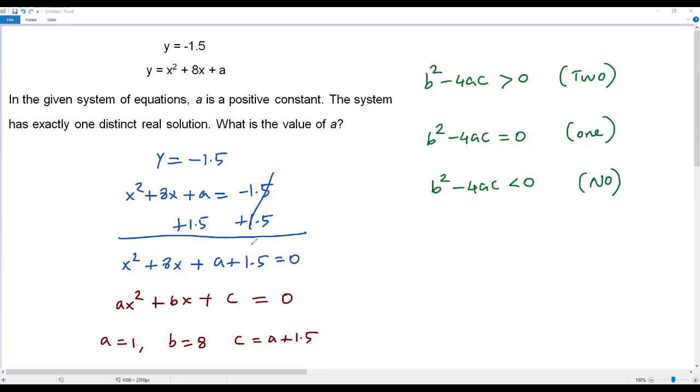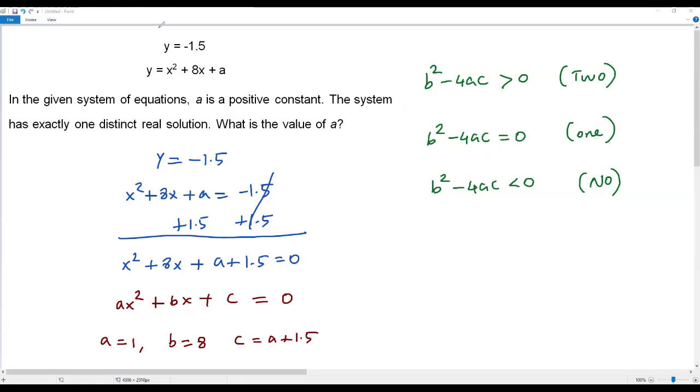According to the information we have, the given system has exactly one solution. Since I got this quadratic equation by solving the given system, the quadratic equation will also have only one real solution. So I have to consider the middle case, b square minus 4ac equals 0, because if the discriminant equals 0, we have only one real solution.